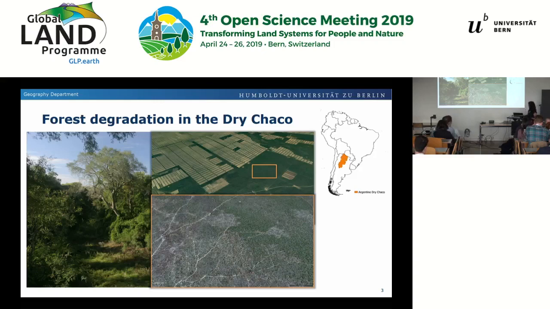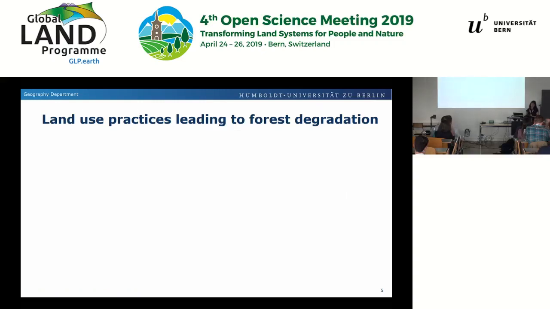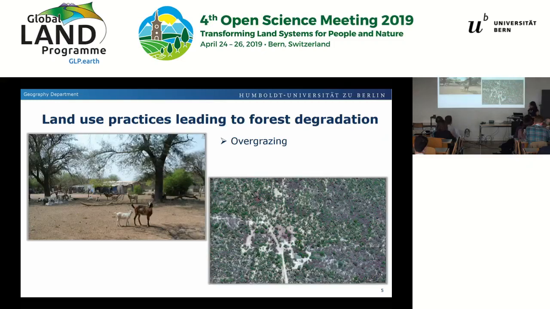So this is what motivated my research, and my first attempt was to try to understand which land use practices lead to forest degradation in the Chaco. So I reviewed the literature to understand this. What you see here in these photos, both from the ground perspective and from a satellite perspective, is a puesto.